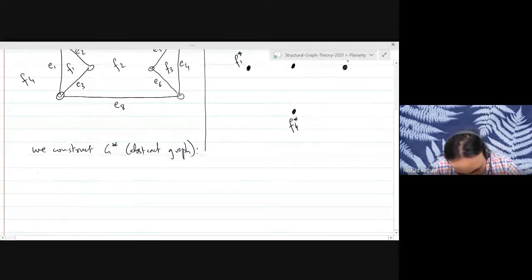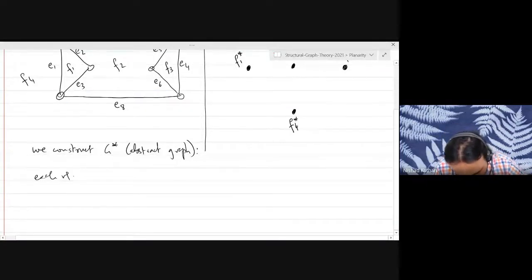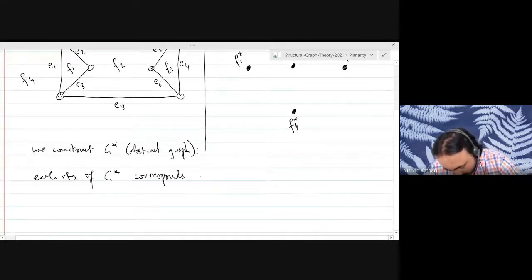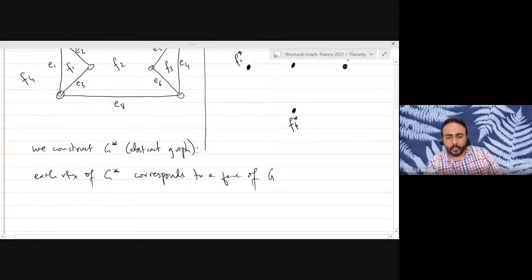Each vertex of G star corresponds to a face of G. And the edges will be in correspondence with each other.